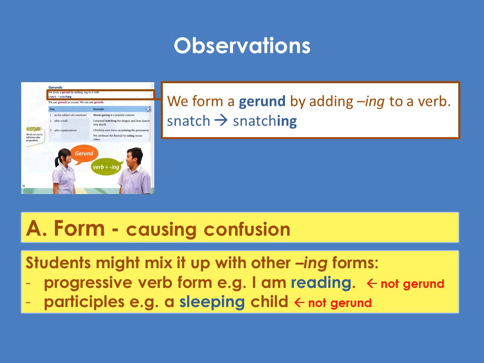It is because in English, not only gerunds carry the ing form, but also the progressive verb form and the participles. For example, in the sentence, I am reading, reading is not a gerund, but a progressive verb form. In the phrase, a sleeping child, sleeping is not a gerund either, but a participle, which acts as an adjective here.